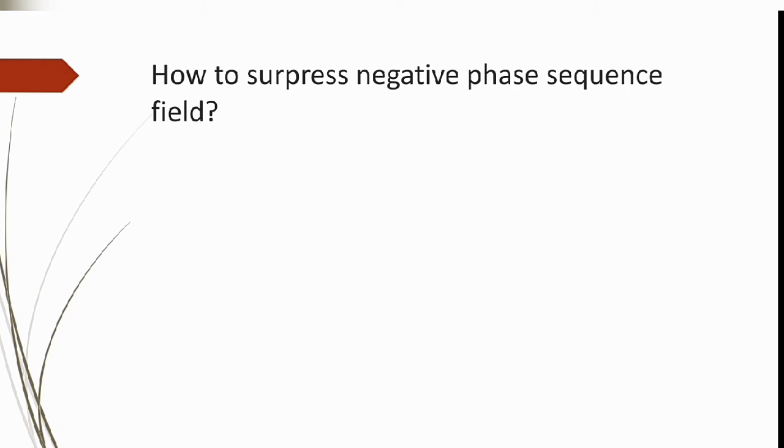Whenever any fault occurs in an alternator, through the Fortescue theorem we divide the faulted MMF into three parts. First is the positive phase sequence field, second is the negative phase sequence field, and third is the zero phase sequence field.